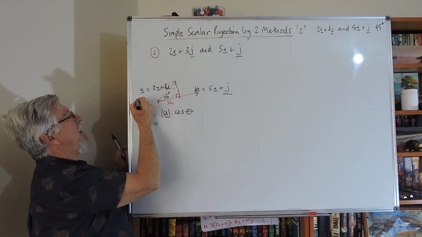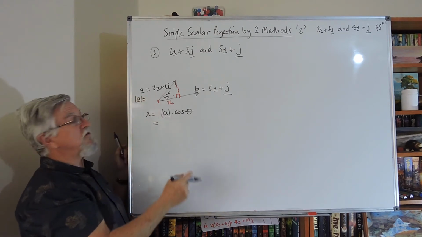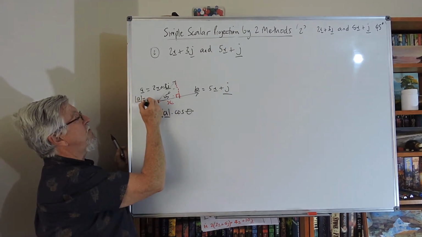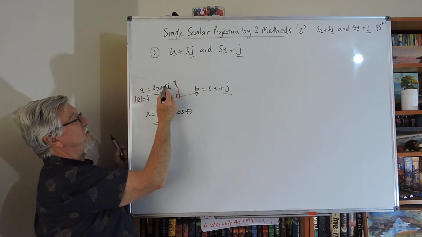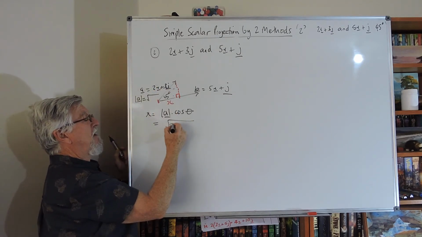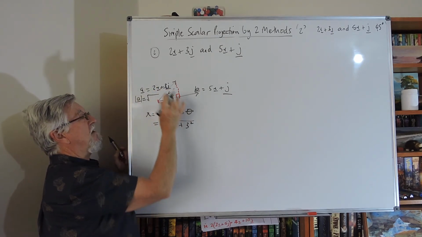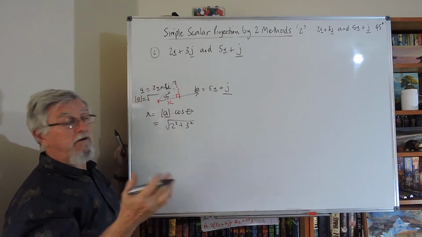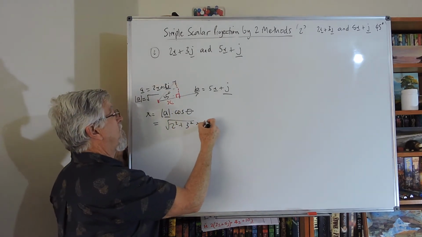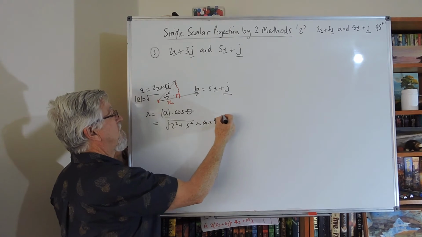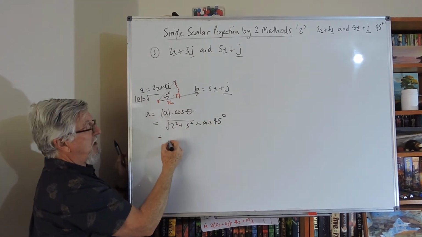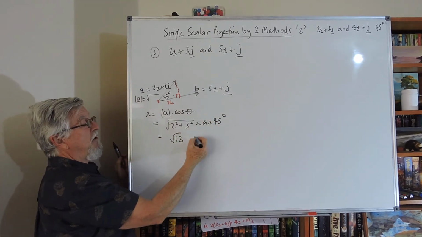So the magnitude of A is Pythagoras' theorem, which is the square root of 2 squared plus 3 squared. That's the length of the hypotenuse on that triangle, times by the cos of 45 degrees. So what's nice is this just becomes square root of 13.